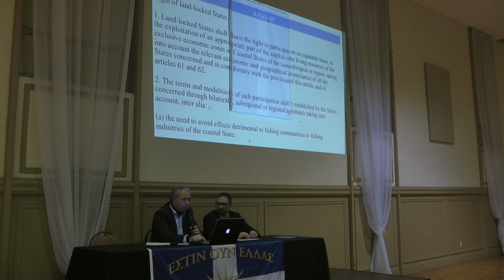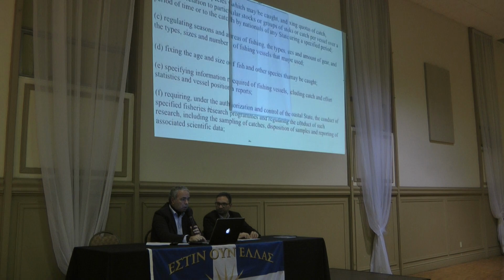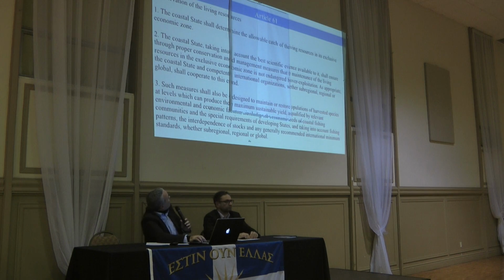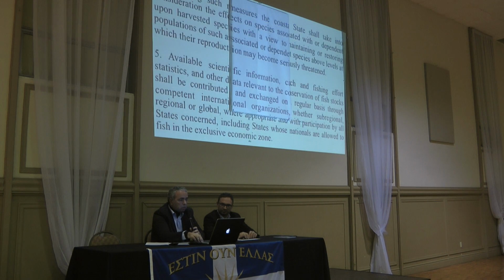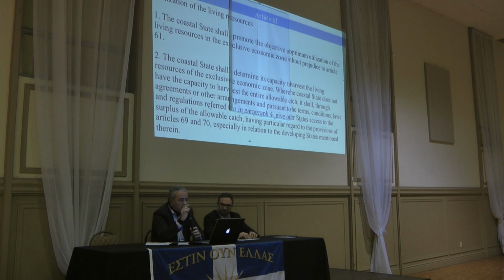So let's go back to 61. Conservation of the living resources is only for fishing. And 62 is utilization of the living resources.